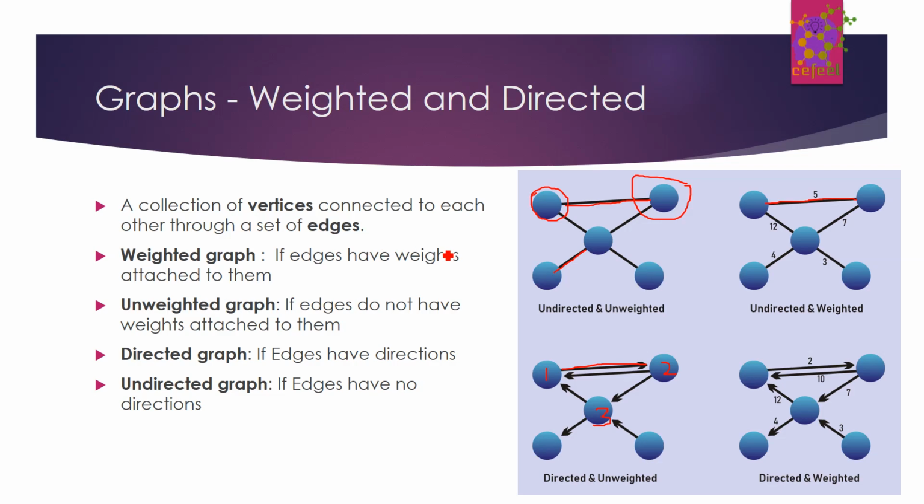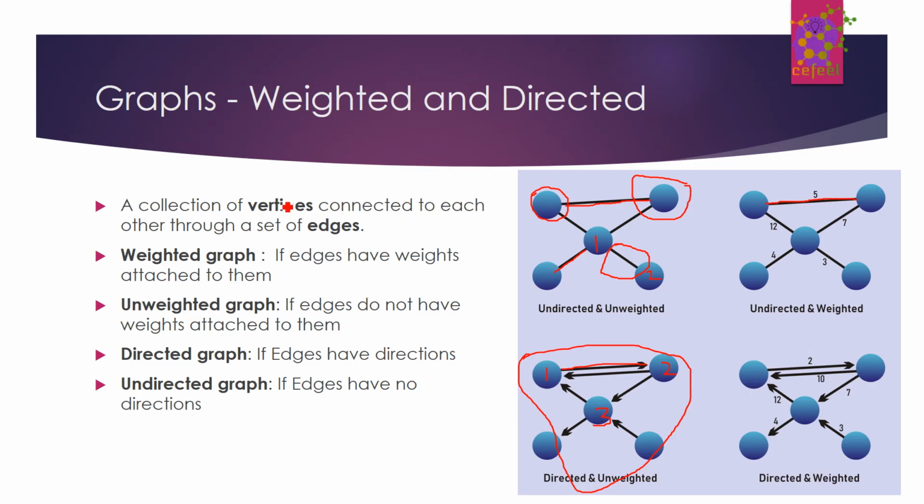There is also an edge from 2 to 1. So this is an example of a directed graph. Whereas the two graphs on the top are both undirected because edges do not have directions, which means you can go from one node to the other and from the other node back to the first one. So there is no restriction on movement.